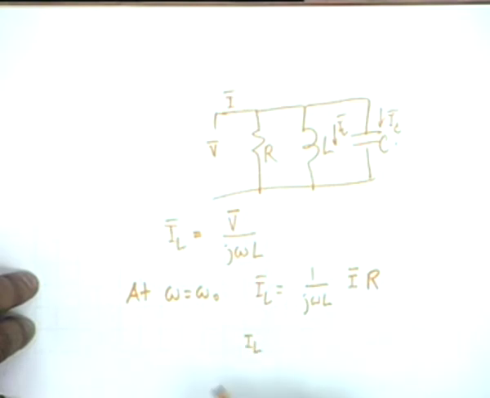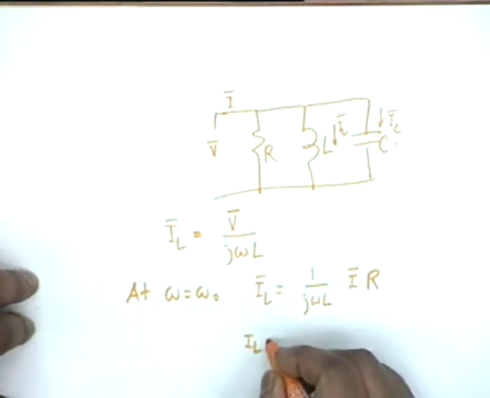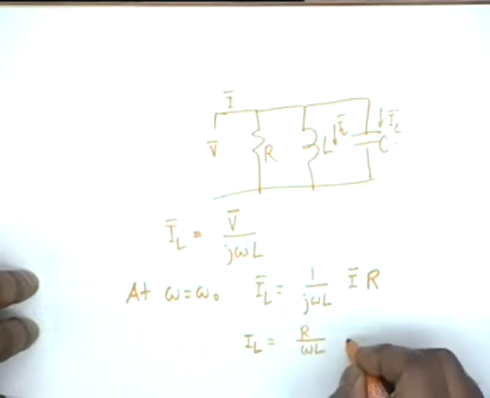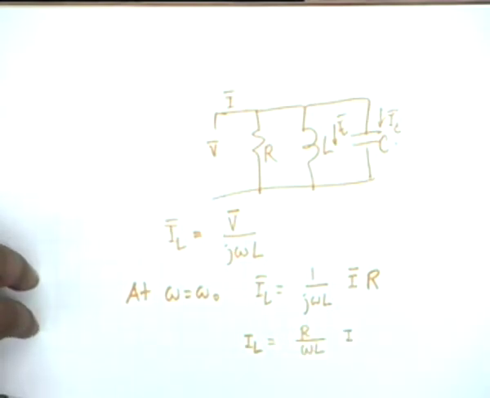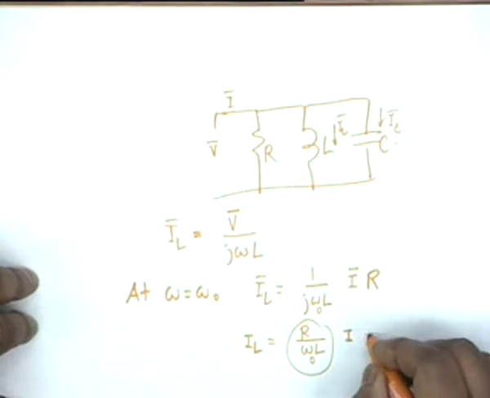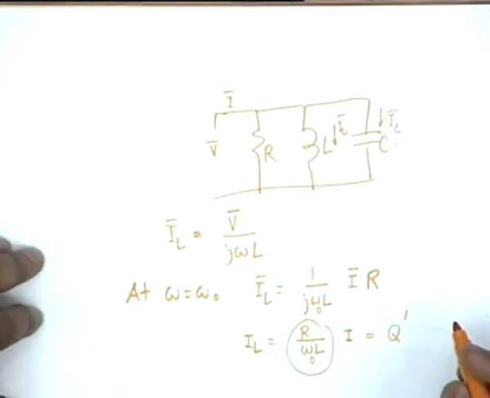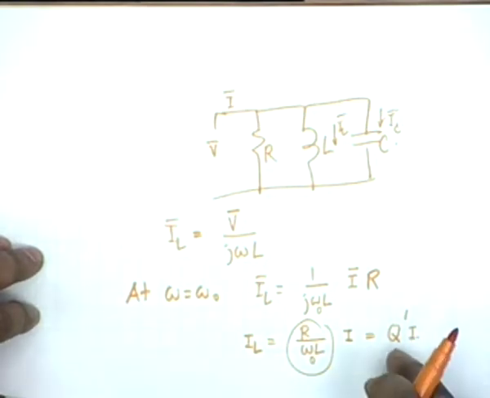Now you notice that the magnitude, if we are talking simply of the magnitude, is R by omega naught L times I. And you notice that this quantity, if I call it Q prime, then at resonance the current in the inductor, and in a similar manner you could argue the current in the capacitor also, can be written as a constant Q prime times I, which could be as large as infinity.